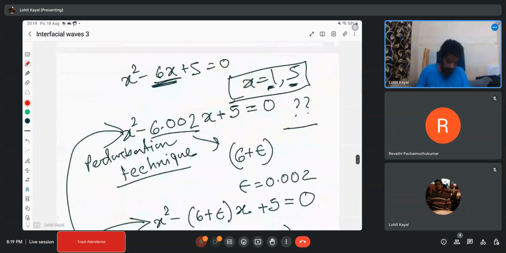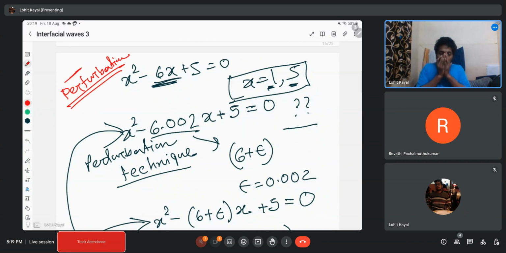We have also started the perturbation technique. You will see that the use of the Jacobi elliptic function will give you accurate results, but as you can see, the calculation is very complicated.